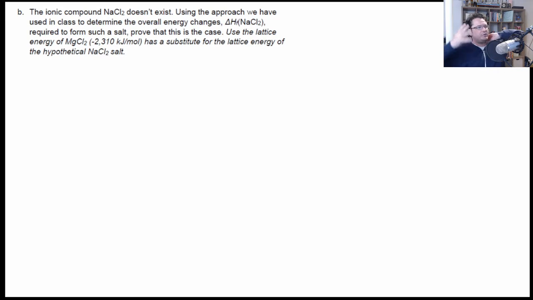And so what we're doing in this case is, we have sodium 2+ plus 2 chloride ions to form sodium dichloride. We can use the exact same approach that we just did, where the thing that we don't know is the delta H f, but we have all of the other values that we need.